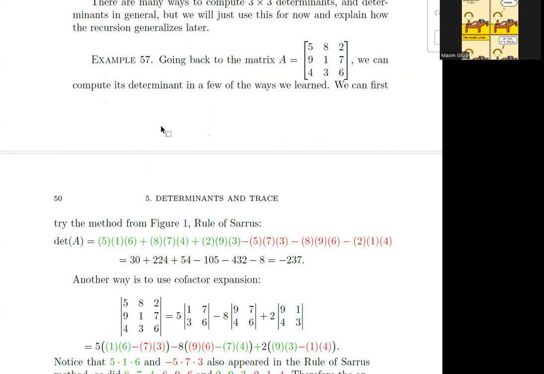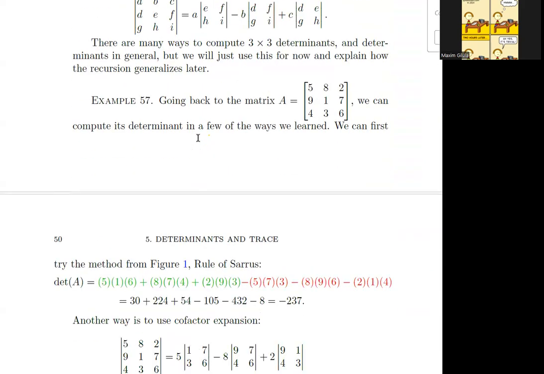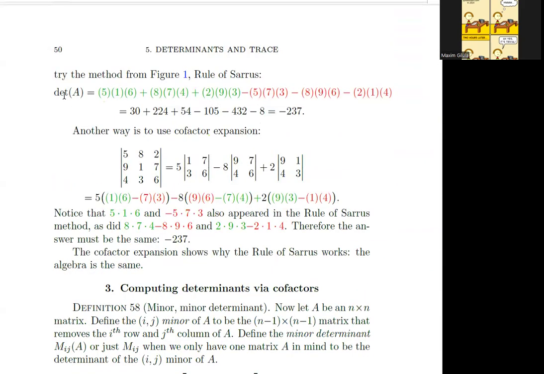So here's an example. Let's go back to this matrix that we computed the trace of. So we can compute its determinant in a few of the ways we've learned. We can first try the method from figure 1, the rule of Sarrus. So you look at 516, 874, and 293.